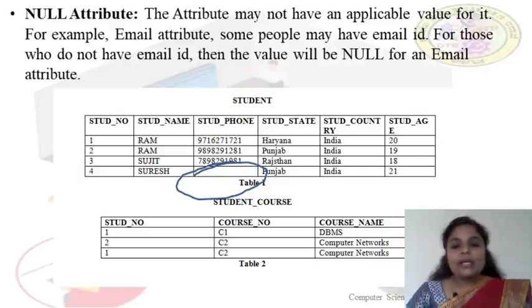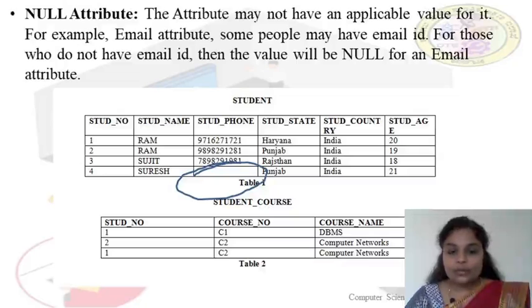Before going for the definition, just look at the tables given below. We have a table for student and a table for student course. Look at the first table. Under student, we have student number, student name, student phone, student state, student country, and student age.